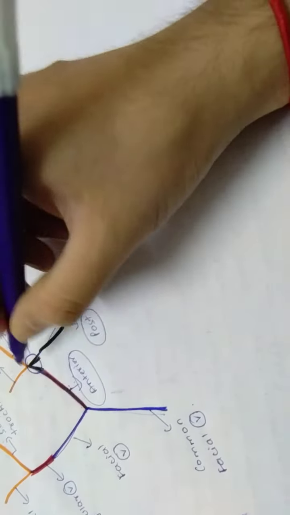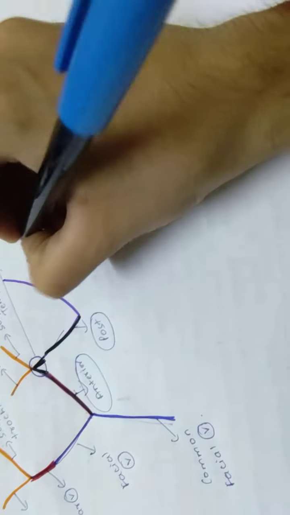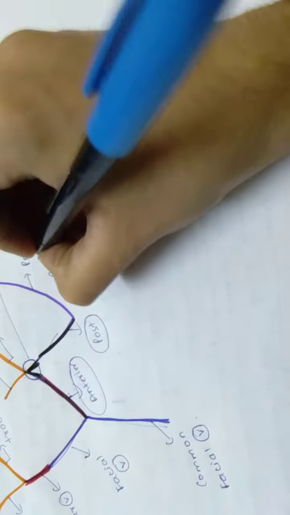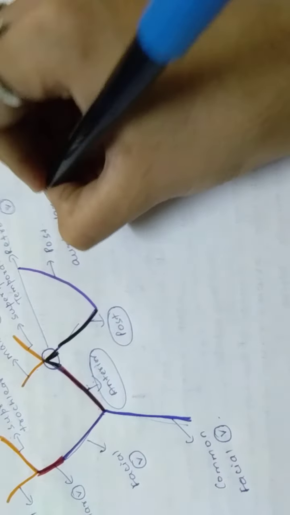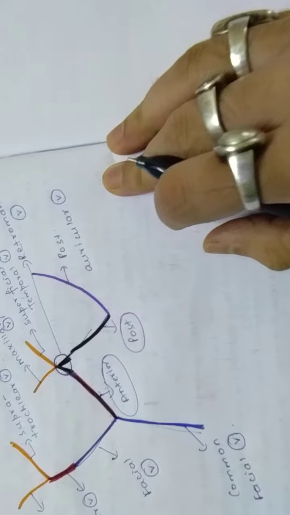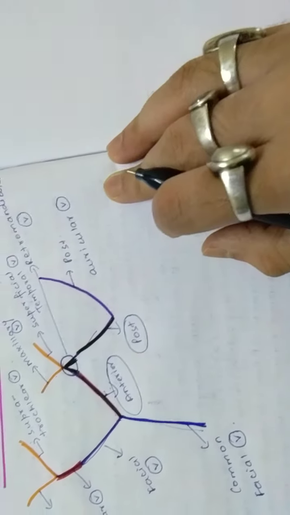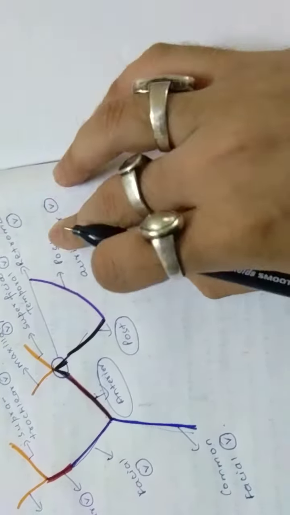The posterior branch of the retromandibular vein and this vein is known as posterior auricular vein. Posterior means behind and auricle means ear. So behind the ear this vein is draining, so this is known as posterior auricular vein.